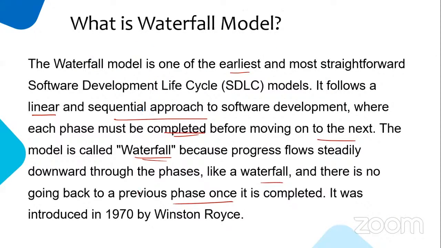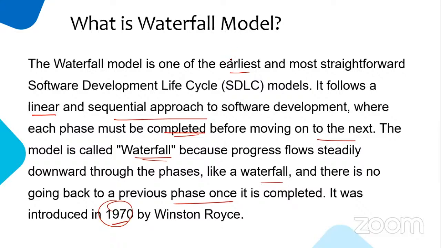And in 1970, you can understand how old this particular model is. So most of the software products follow this one. It has so many plus and also minus, advantages and disadvantages. So let's see what all the advantages and disadvantages are.